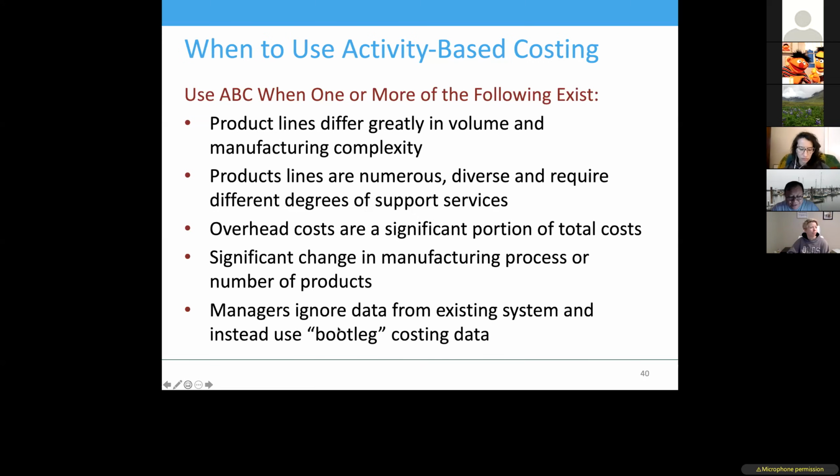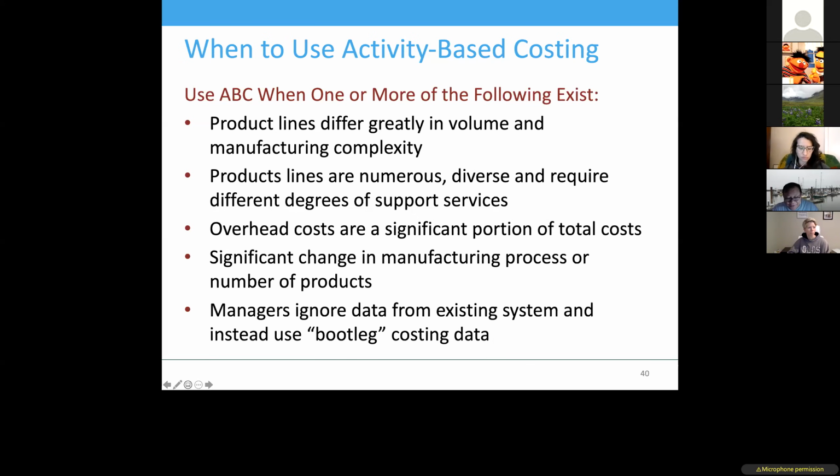So if that's the case, ABC doesn't help. ABC is the system. If you just ignore the data from the system, it doesn't matter whether you use traditional or ABC, if you just want to use your own guess, your own intuition.